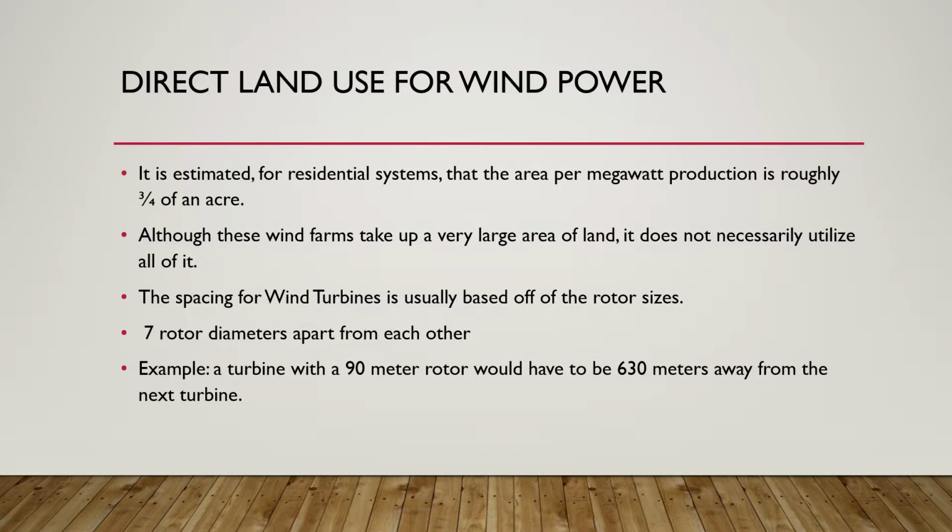It's a rule of thumb that wind turbines should be spaced out according to the rotor size. If your rotor is 90 meters, you'd want the next wind turbine to be 7 times the distance apart from it, which would be 630 meters away.